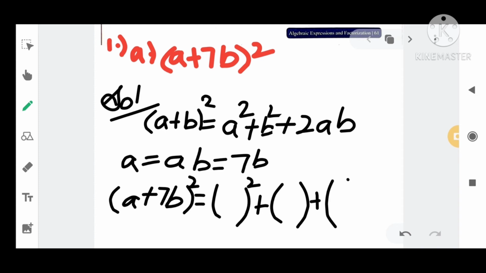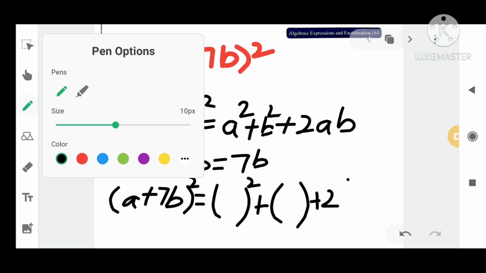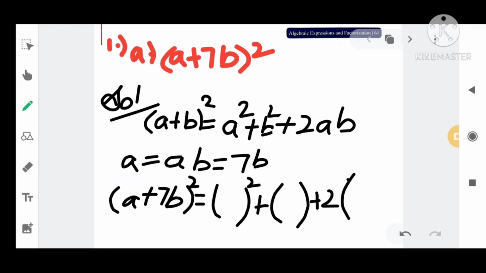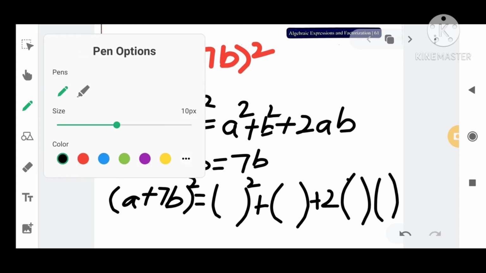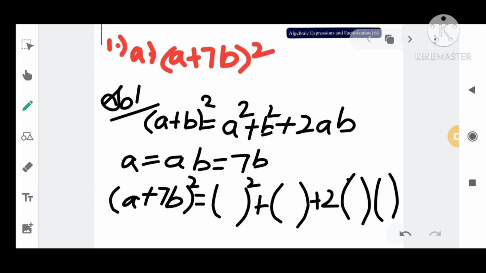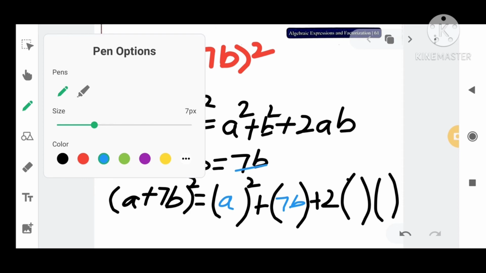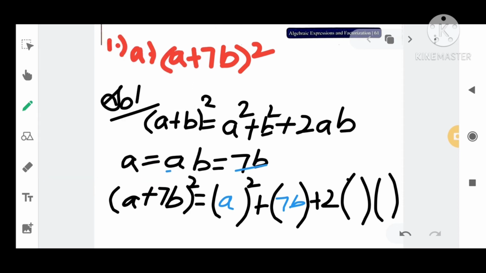So 2 I take as it is, and I need to substitute the values of a and b, but I will show it with a different color. Now you can see I replace the value of a. The value is a only, and b we take as 7b, so that is 7b square.